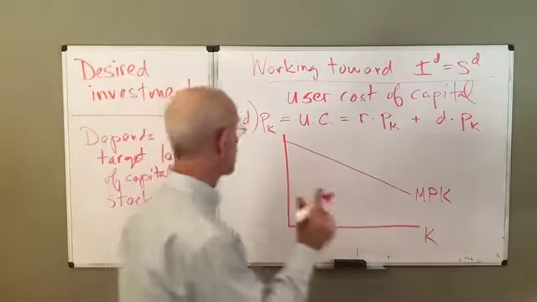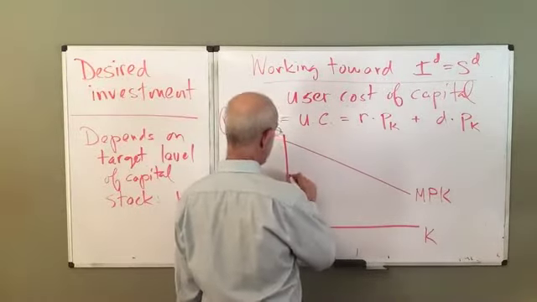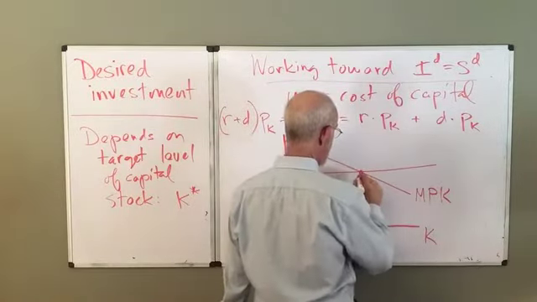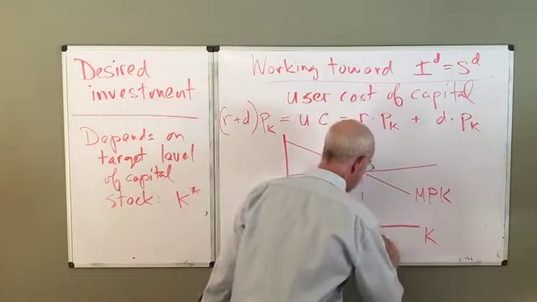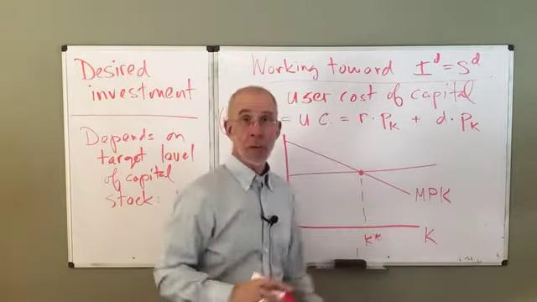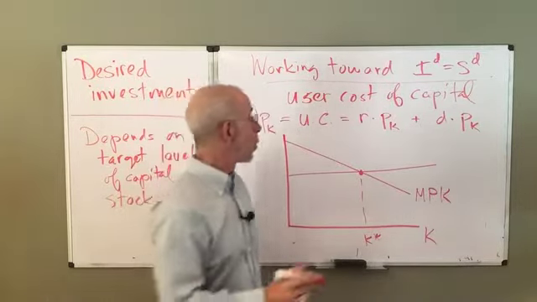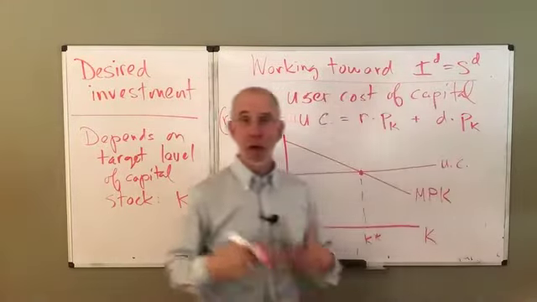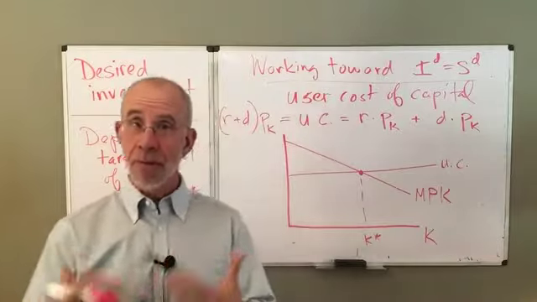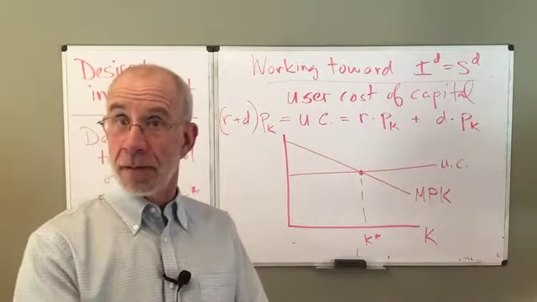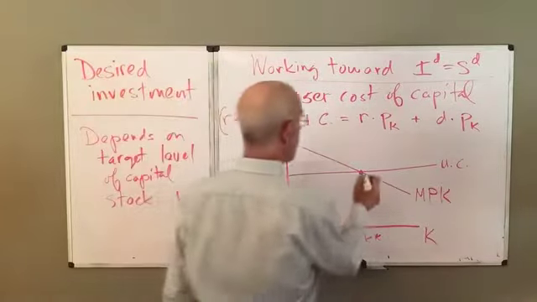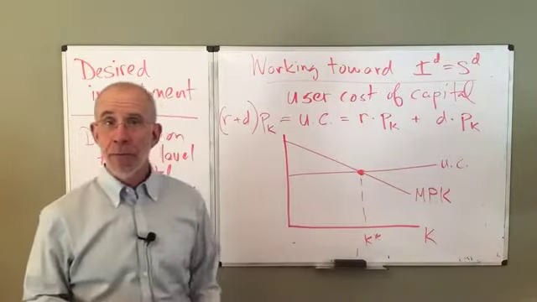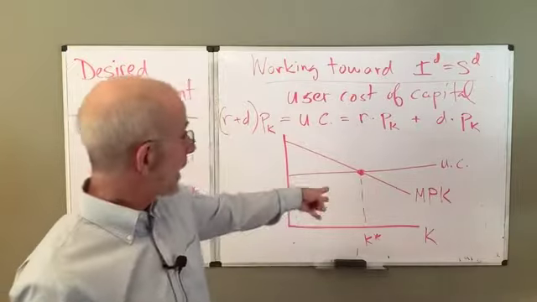Firms will choose a level of capital stock they want to attain where the user cost of capital equals the marginal benefit of using the capital. So this is kind of what we've seen before, slightly modified, where that's the desired capital stock.